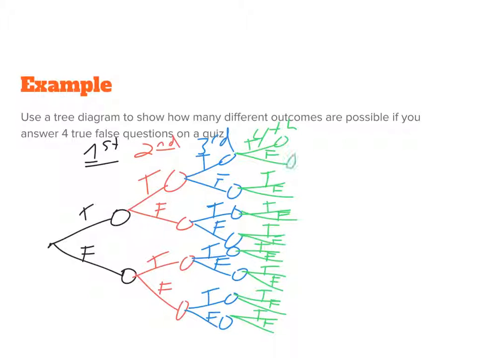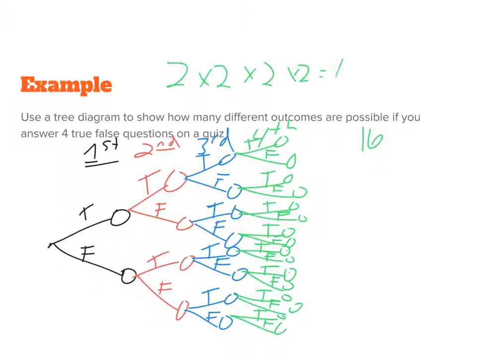If we count up all the endings here, 1, 2, 3, 4, 5, 6, 7, 8, 9, 10, 11, 12, 13, 14, 15, 16. There's 16 total outcomes. And we could have gotten that by doing 2 times 2 times 2 times 2, and that would get us 16.